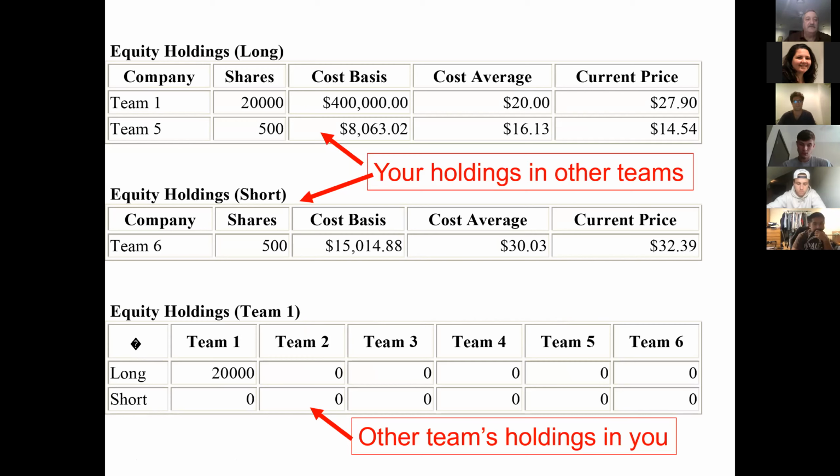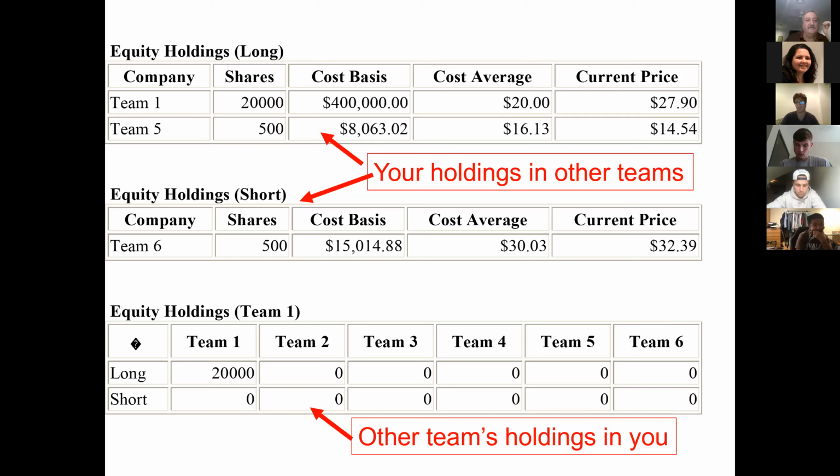Okay, so this shows all your equity holdings. So these are long. This means hoping that the market goes up. So you own 20,000 shares of your own team and you own 500 shares of team 5. You also have sold short team 6, 500 shares, right?